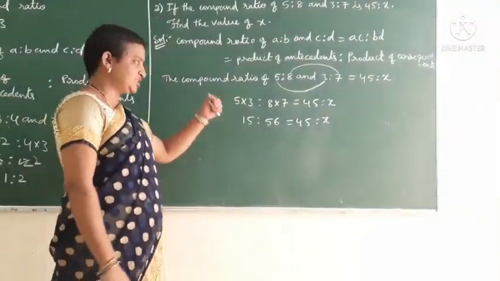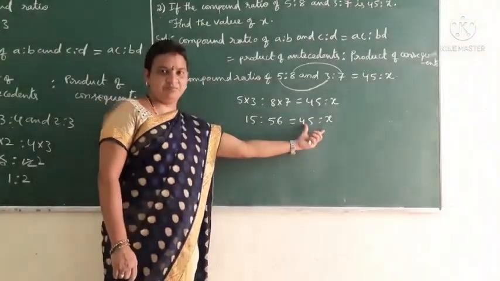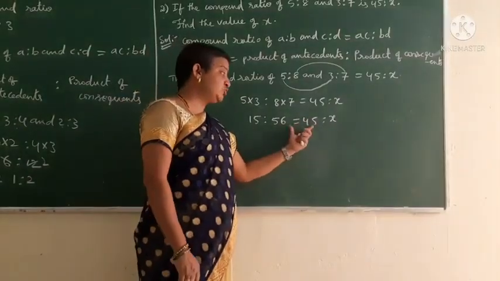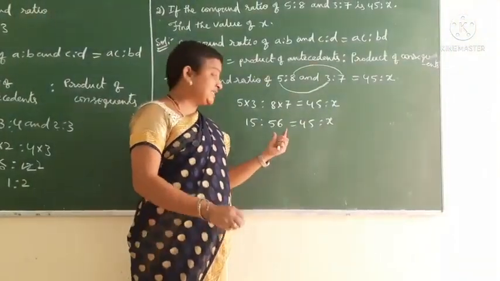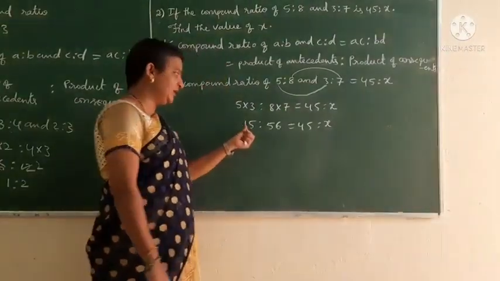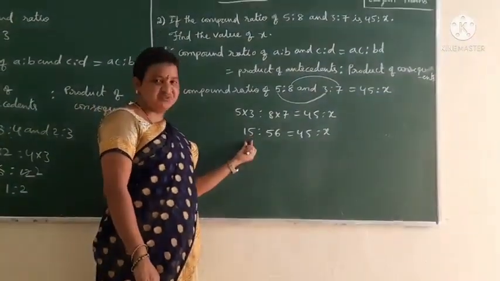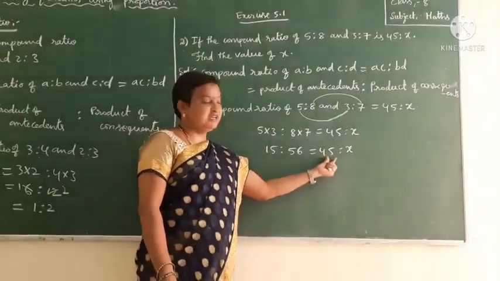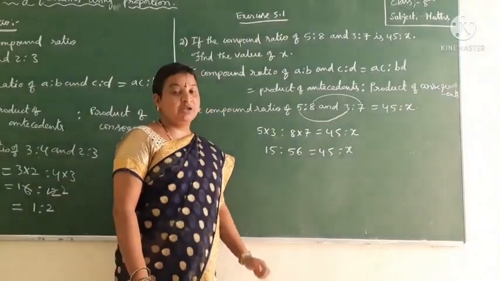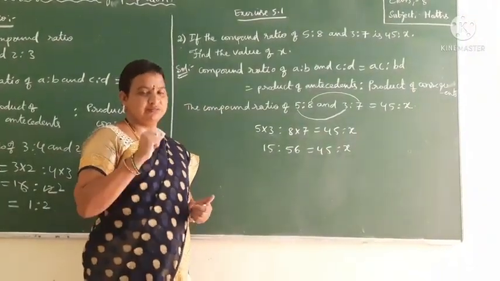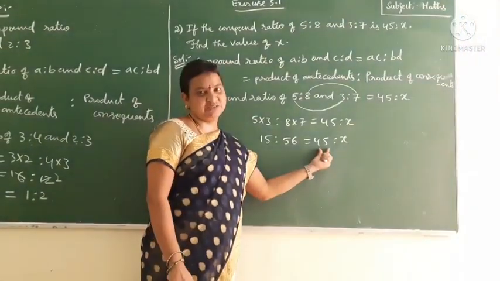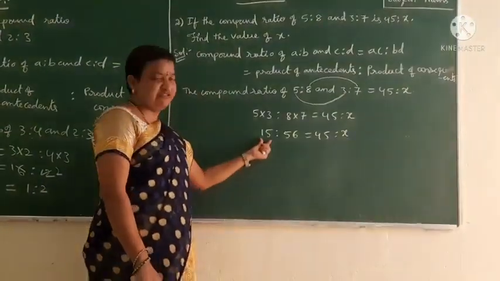Okay. Look at the children. These two ratios are equal. If the two ratios are equal, then the first terms of these two ratios must be equal, and the second terms must be equal. But here the first term of this ratio is 15 and here it is 45. These two are not equal. But these two ratios are equal. Now what we have to do? We have to equalize the first terms.